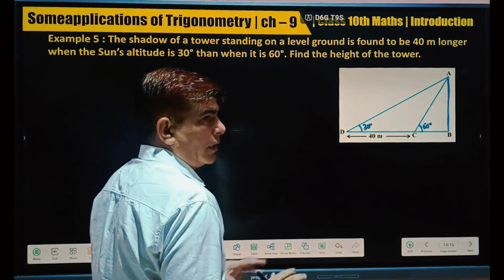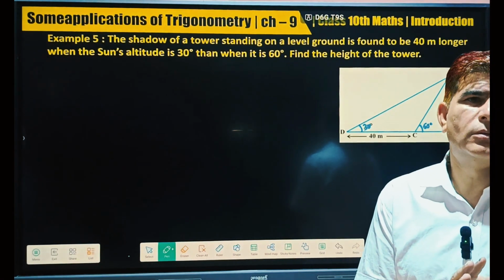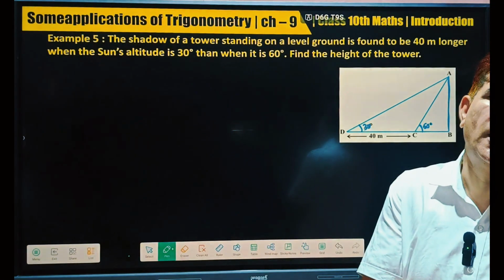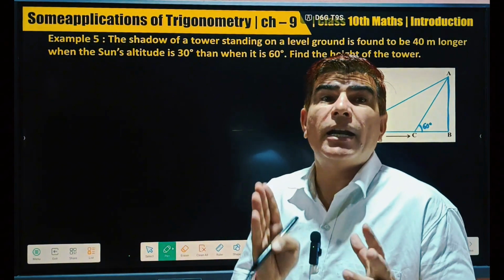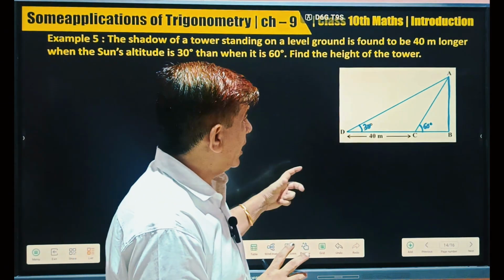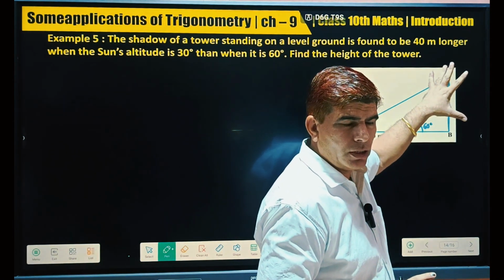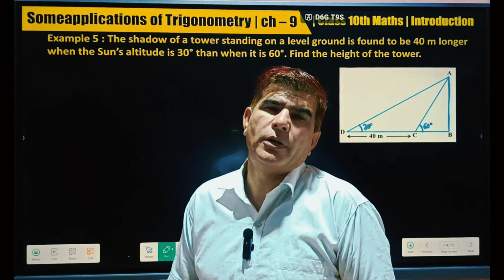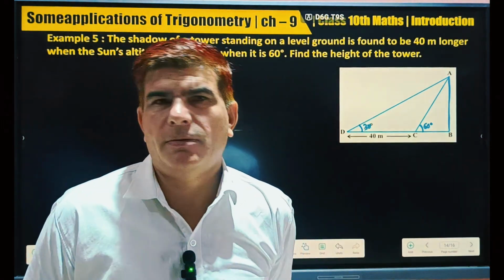Understood the question? When the angle of elevation formed with the sun's altitude is 30 degrees, the shadow AB of the tower is 40 meters more than when the angle of elevation formed is 60 degrees.